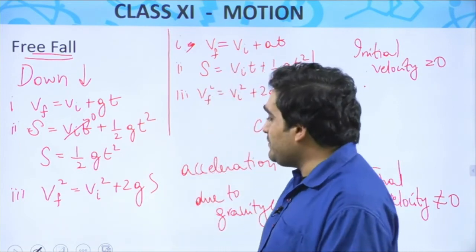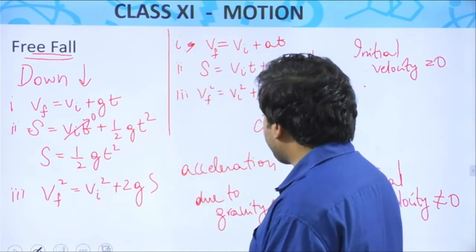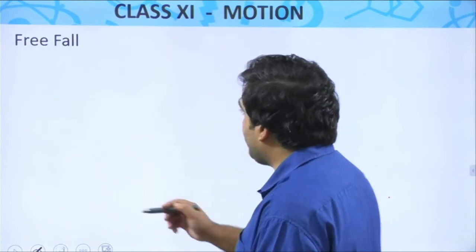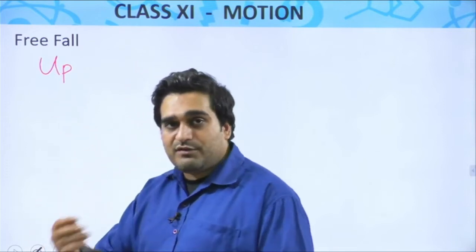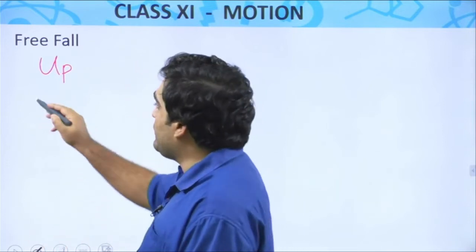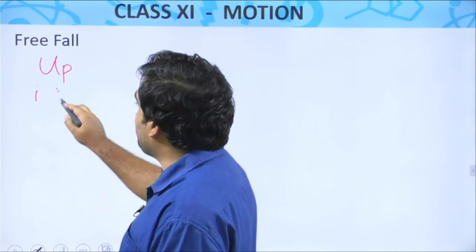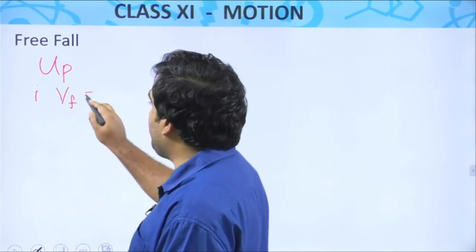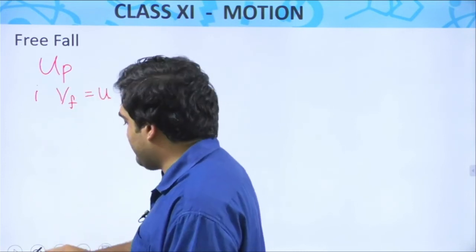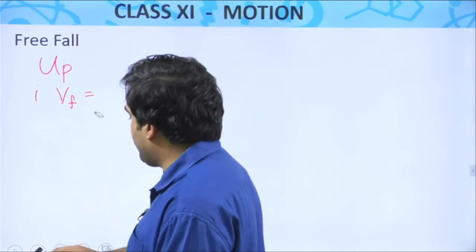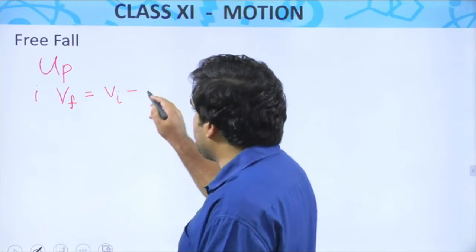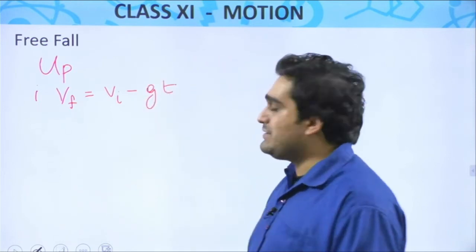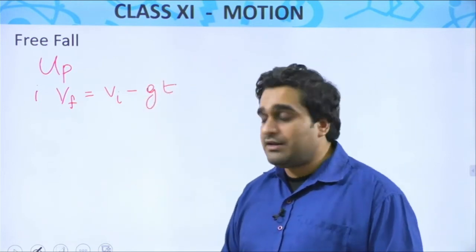Therefore, for objects that are moving up, how do I modify the equation of motion? The first equation of motion would be Vf equals Vi minus G T. Notice the sign has turned into minus.